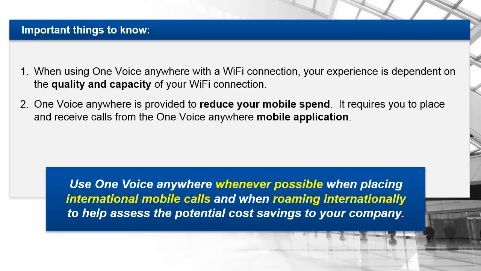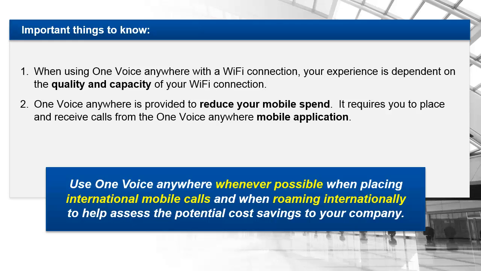One Voice Anywhere is provided to reduce your mobile spend by placing calls from the One Voice Anywhere mobile app. Ideally, this will be done over a Wi-Fi connection to save you the most money. In order to realize these savings, when you call internationally over One Voice Anywhere or when you travel internationally, it's very important that you use the One Voice Anywhere mobile app.